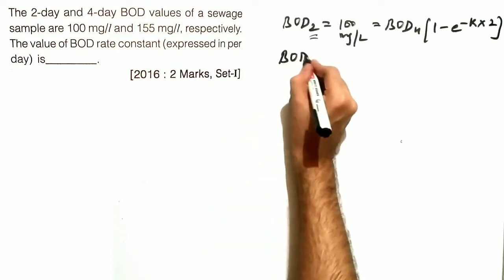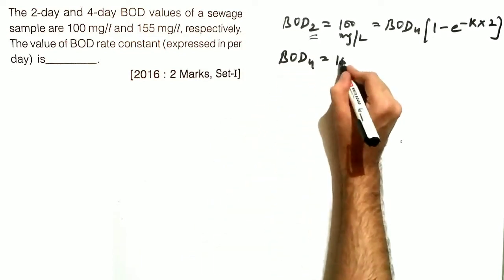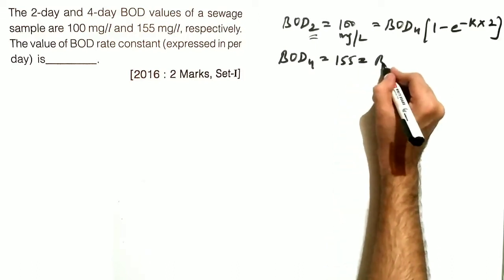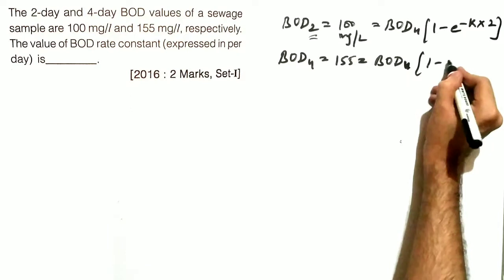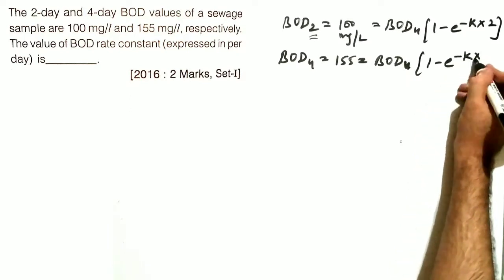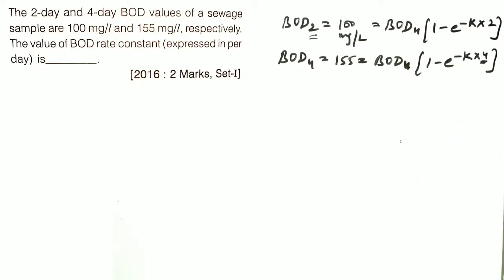Similarly, value of BOD 4 is given as 155 milligram per liter, which is equal to BOD ultimate into 1 minus e to the power minus K into 4, since T is 4 in this case.